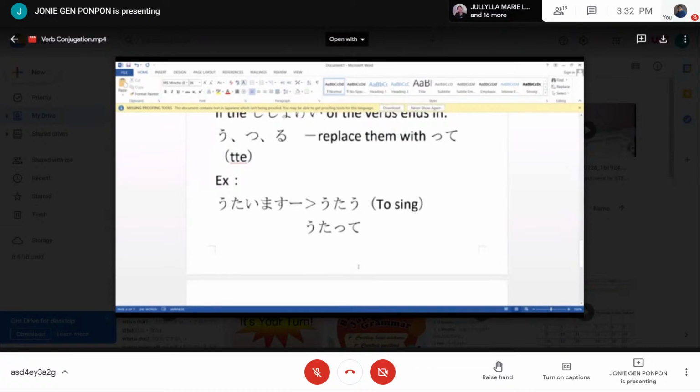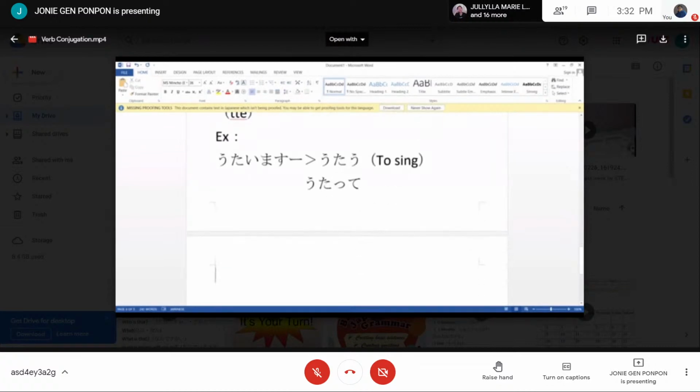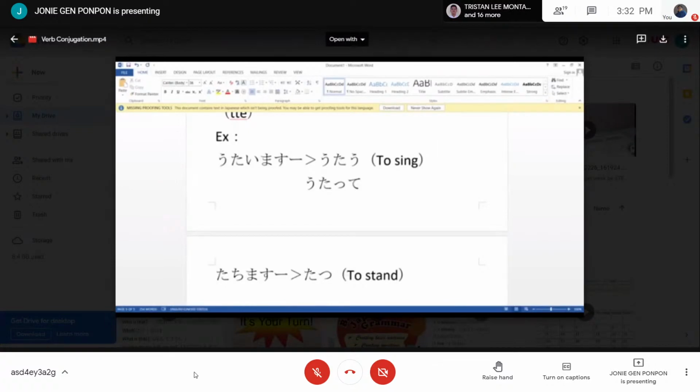Next, the tsu sound. Tatsu is the jishuke of the masu form of the verb tachimasu, meaning to stand. Now, tsu will be replaced with the t sound, so the te form of the jishuke tatsu is tatte.